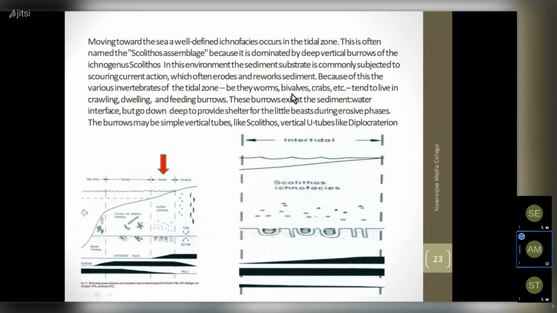This is often named the Skolithos assemblage because it is dominated by deep vertical pores of the ichnogenus Skolithos. Here, as we can see, the pores may be simple vertical tubes like Skolithos, and also some vertical U-tubes like Diplocraterion. Here.